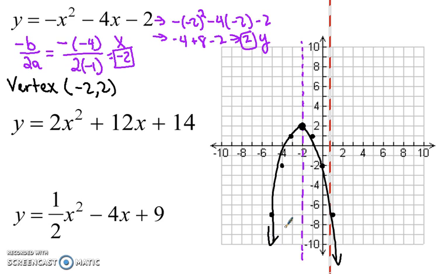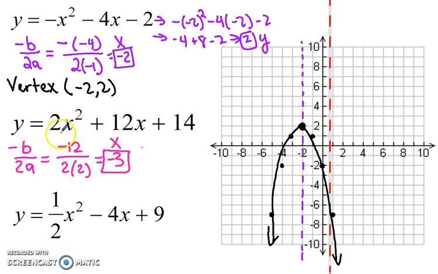Let's try another one of those. So we're going to find the axis of symmetry first. Our axis of symmetry is going to be negative 12 over 2 times 2, which is going to be negative 3. That is our x. We're going to plug in. So 2 times negative 3 squared, minus 12 times negative 3, plus 14.